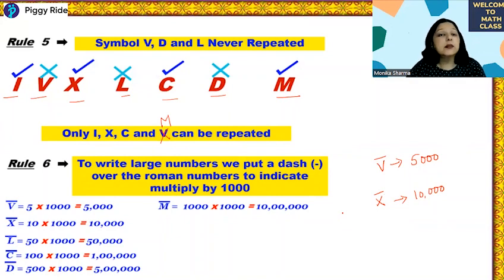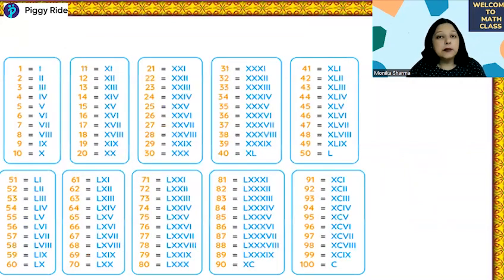Now you can see some Roman numbers up to 100 on my screen. These are the numbers up to 10. Then for 20, it is XX. For 30, it is XXX. For 40, according to the rule, you cannot repeat X more than 3 times, so it will be XL.